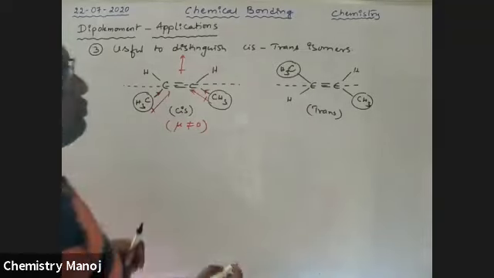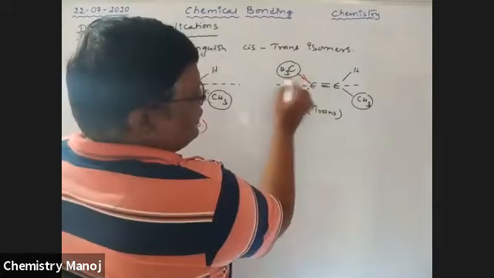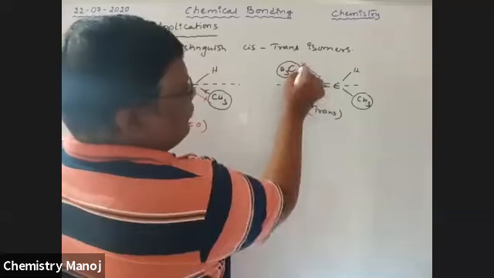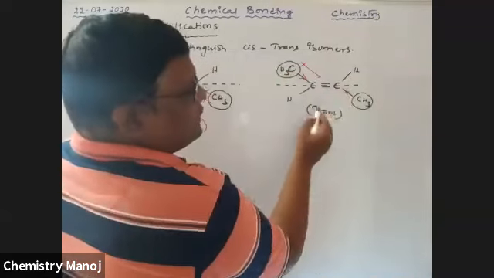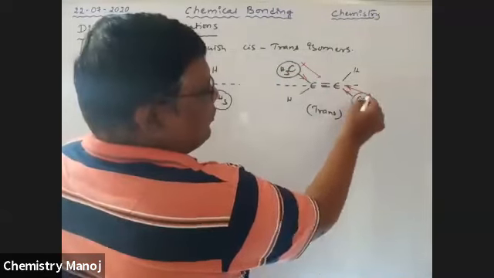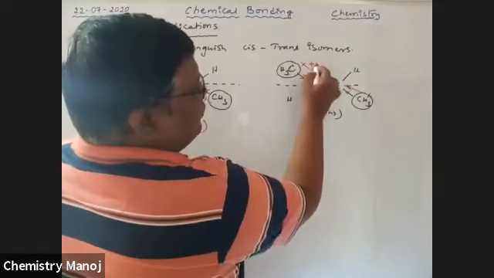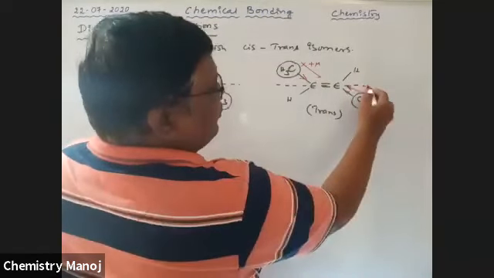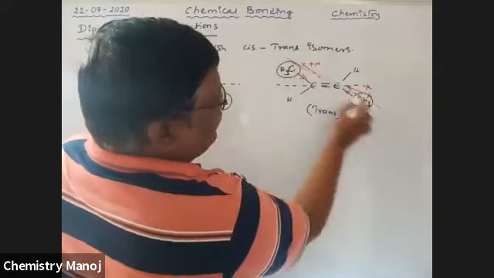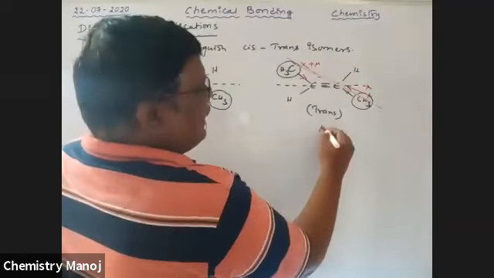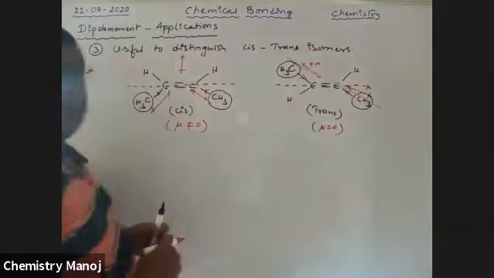See here. Here methyl group, this right, so this is the direction of dipole moment. Here methyl group donates this side, so this is the direction of dipole moment. So this is a plus mu, this is a minus mu, both are in opposite direction. Therefore, in this case, mu is equal to 0.